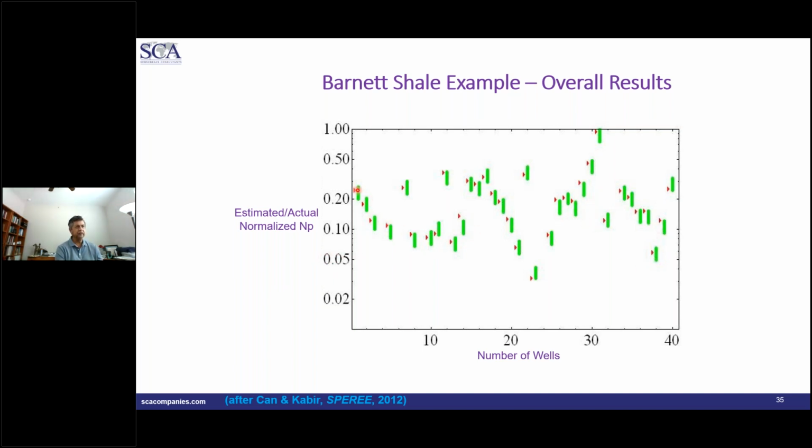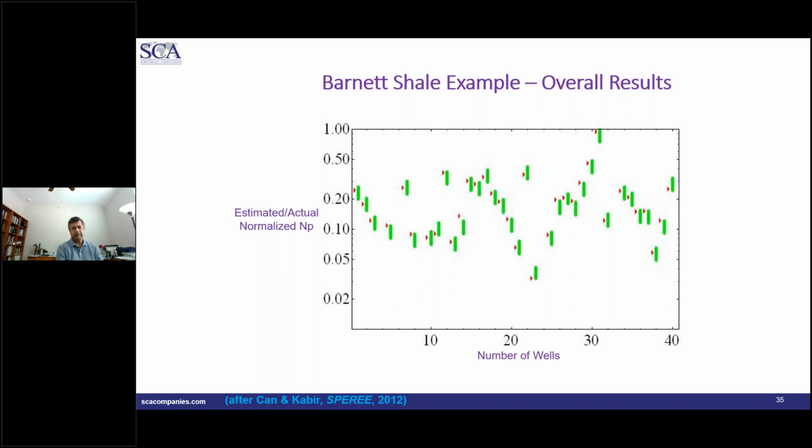We said the outcome would be here. That's the P50, the red triangle, and this is the range of solution, P10 to P90. In most cases they are intersecting. Here's one case, this is off. Here's another case, it's very low.